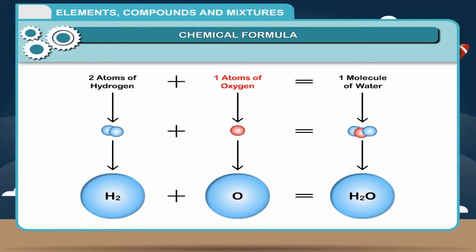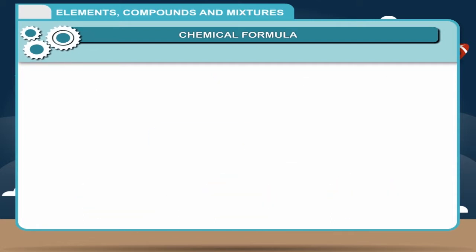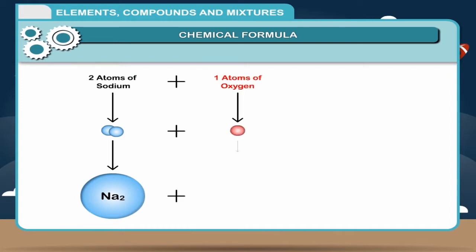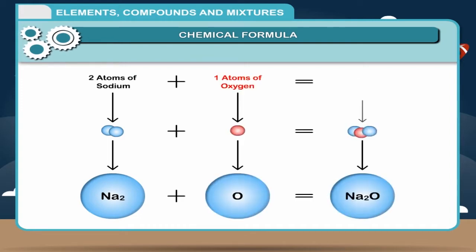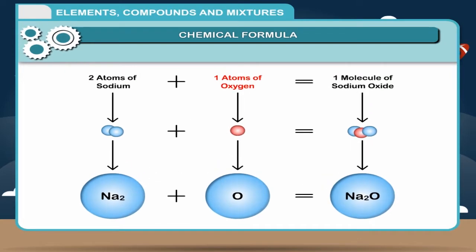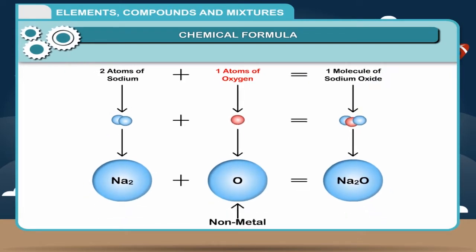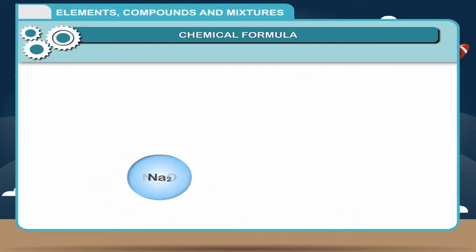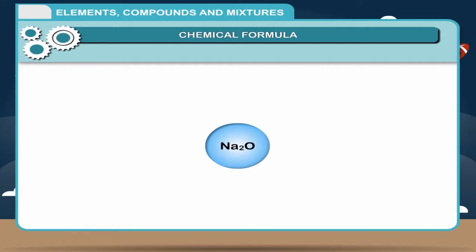The number of atoms of each element is written as a subscript at the right-hand corner of their symbol. For example, sodium oxide contains 2 atoms of sodium and 1 atom of oxygen. Sodium is a metal. Its symbol is Na, while oxygen is a non-metal and its symbol is O. The formula will be written as Na2O.